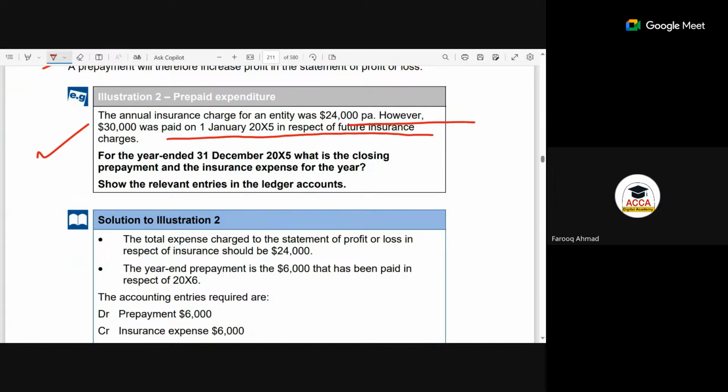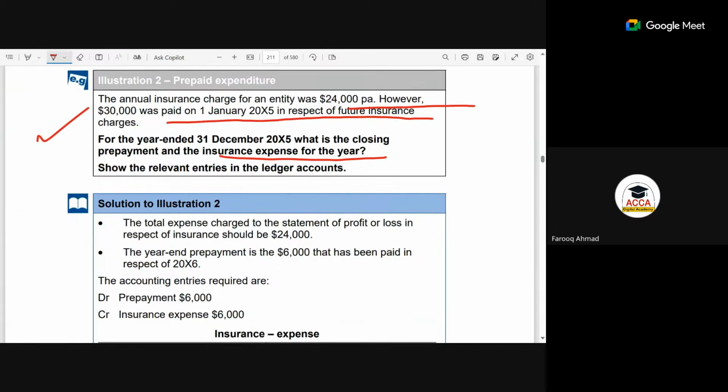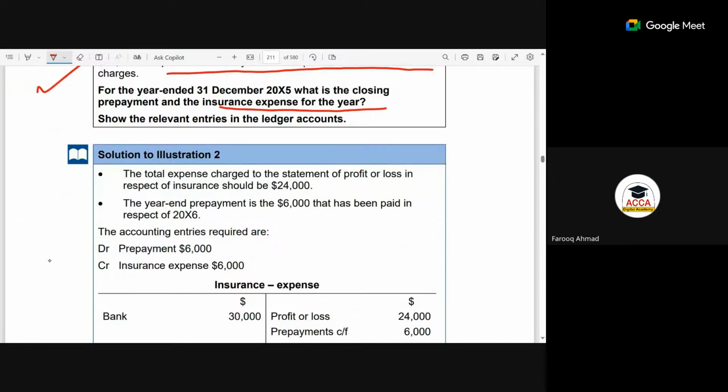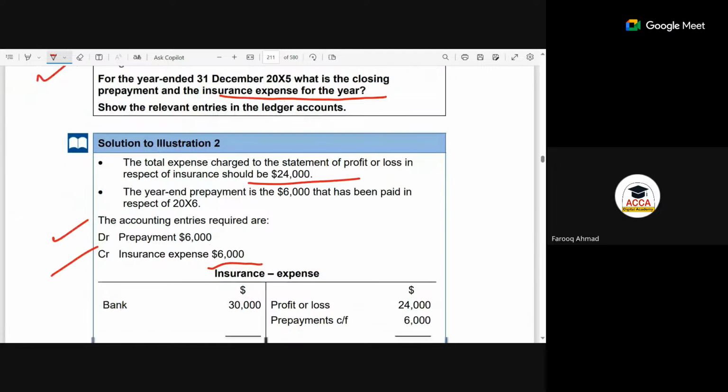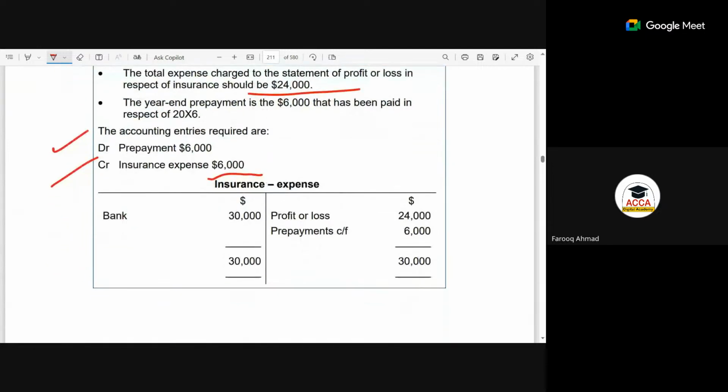On 31st December, what is the closing prepayment and the insurance expense for the year? They paid 30,000 against a yearly charge of 24,000, so 6,000 is prepaid. The 6,000 prepayment is a debit and the credit is the insurance expense account, to make sure 24,000 is charged for the year.